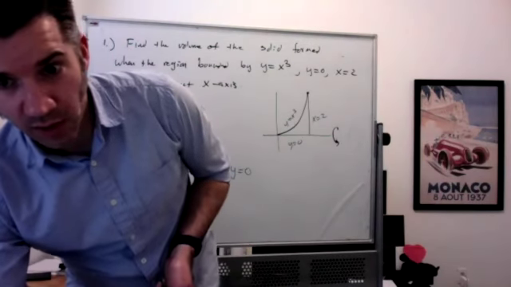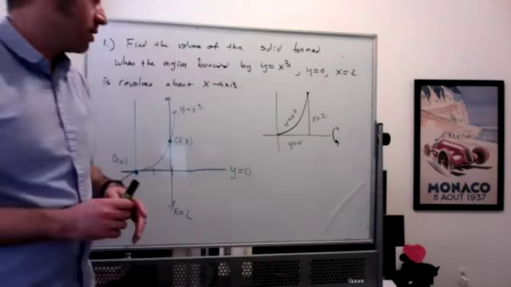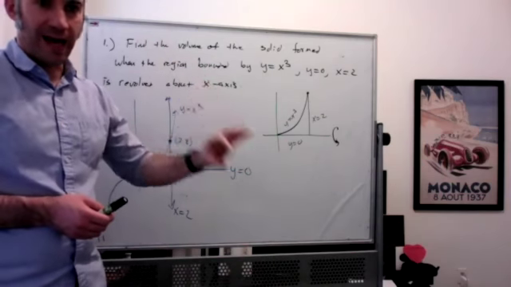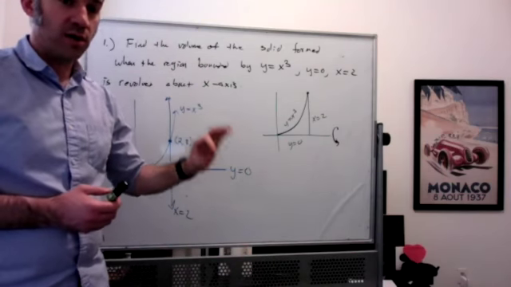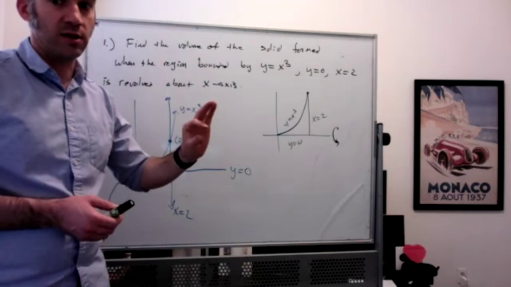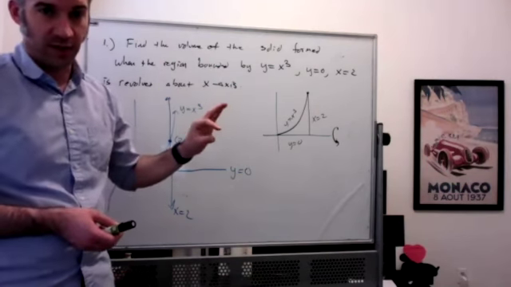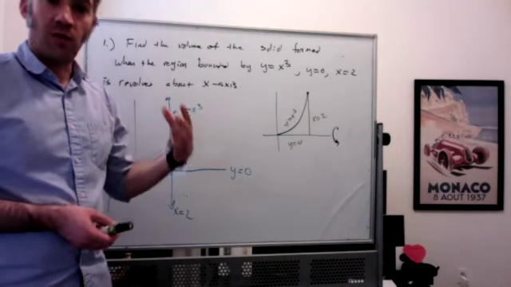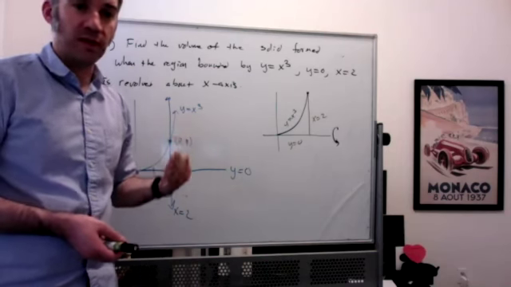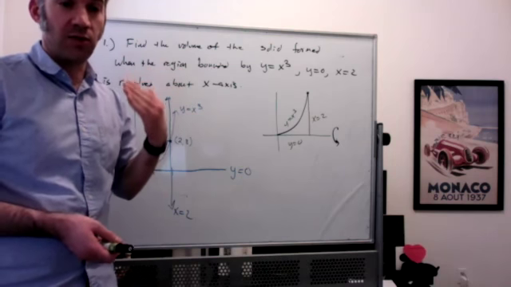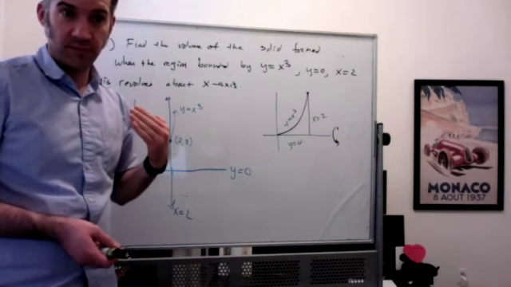And I'm going to make a blanket statement here that is true in this class. The axis you're revolving around completely determines whether you're using vertical rectangles or horizontal rectangles. Your rectangles have to be perpendicular to your axis of rotation.